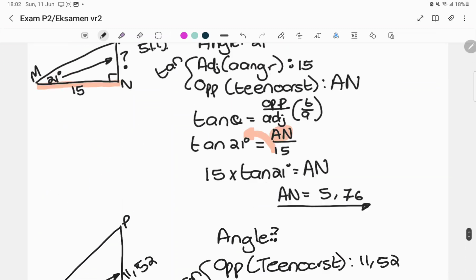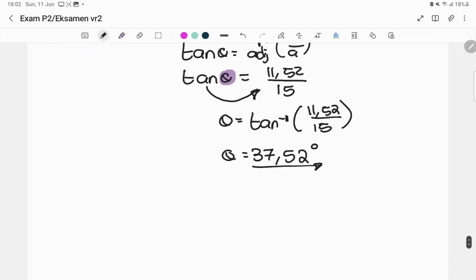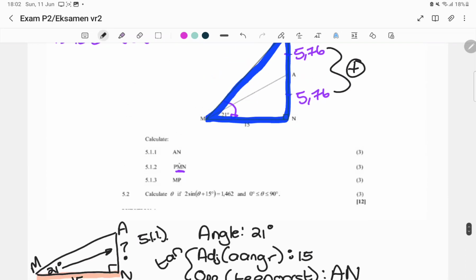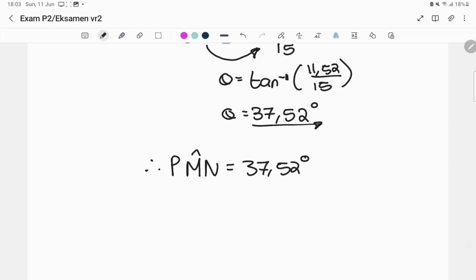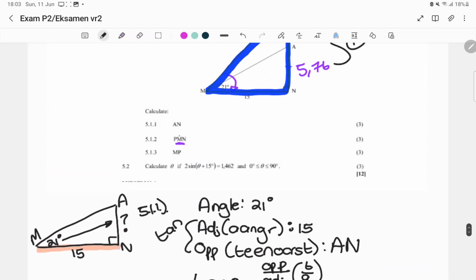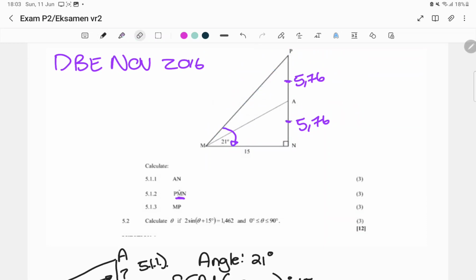degrees. Alright, now they didn't ask us for theta, they asked us to work out PMN. So I know that PMN is equal to 37,52 degrees. Alright, now once again, go put it in for yourself, because in the future you're probably going to need that information.